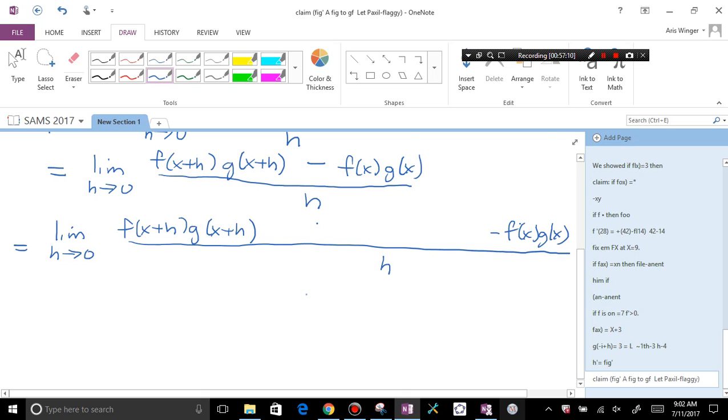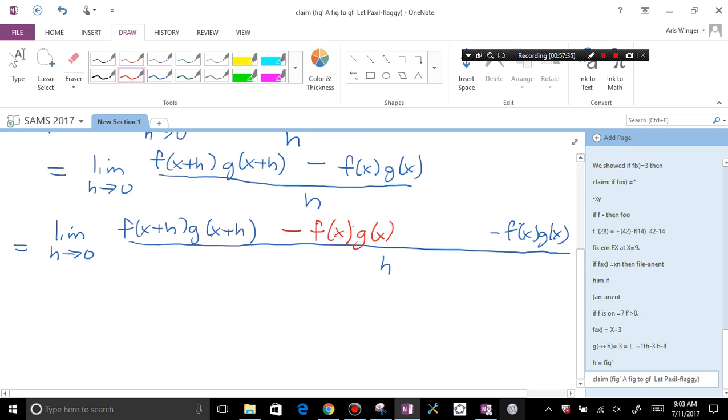I'm going to pull some math magic here. I'm going to introduce a new term. I'll put it in red. And it's going to be minus F of X, G of X. Oh, let me do this.